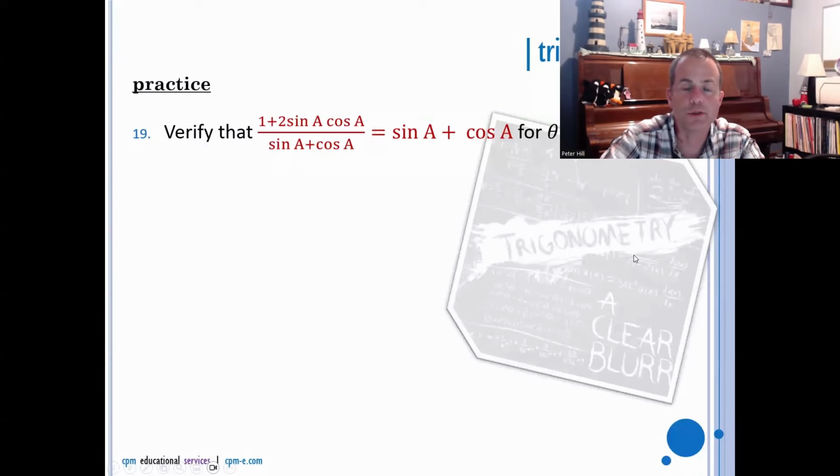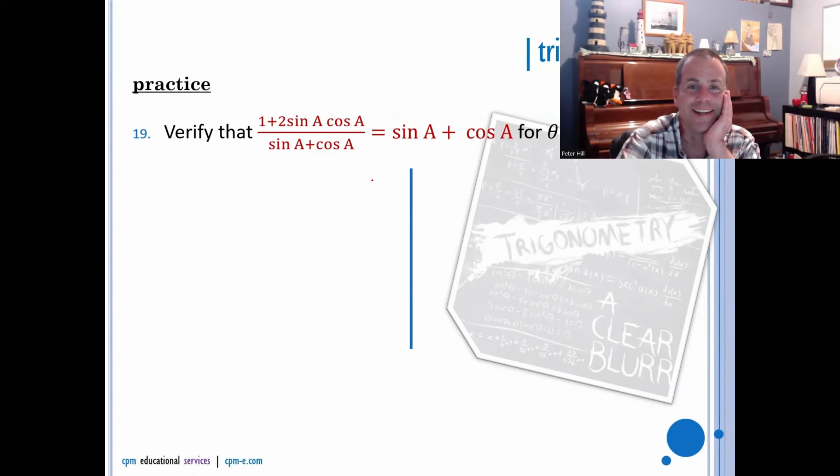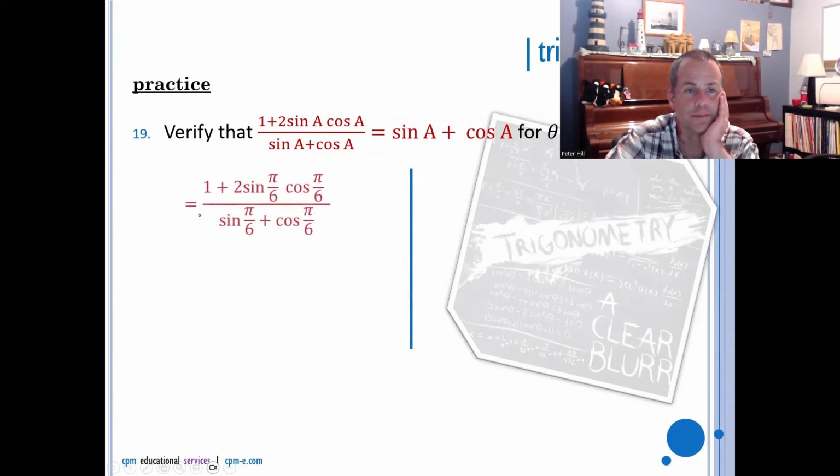Okay, so here I go. I am going to throw my line down so I can work with the left side and the right side separately. And everywhere I see a, that should actually say a equals pi over 6, not theta. My bad. Anytime I see the angle, though, I'm going to replace it with pi over 6. So that'll look like this on that side.